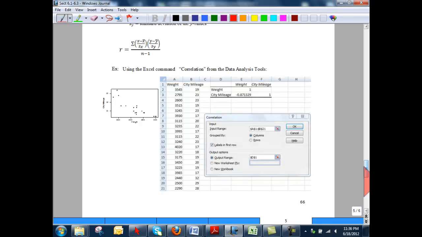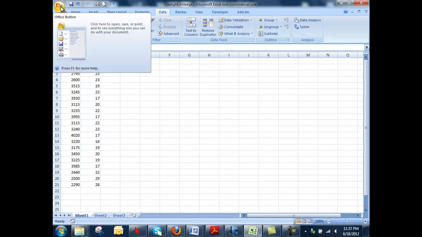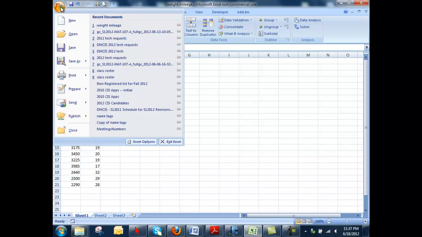If I bring up Excel, I've already entered the weights and mileages in Excel, with the first row being used for headers to tell what variable is in each column. And now perhaps you've already done this from an earlier assignment, but I want to install the data analysis tool pack.